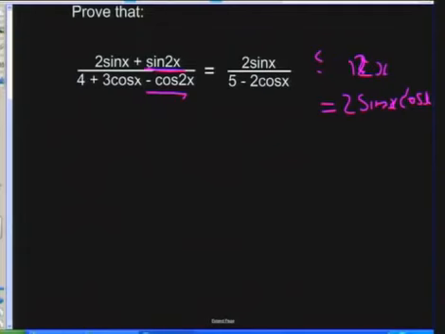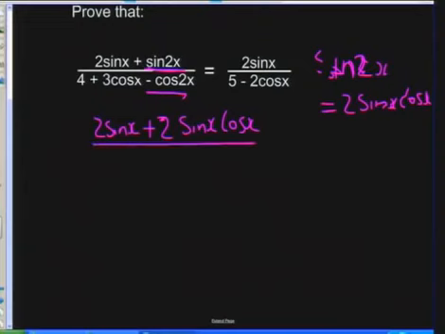This is sine 2x. So I have 2 sine x plus 2 sine x cos x, and this is over 3 plus 4 plus 3 cos x minus cos 2x.